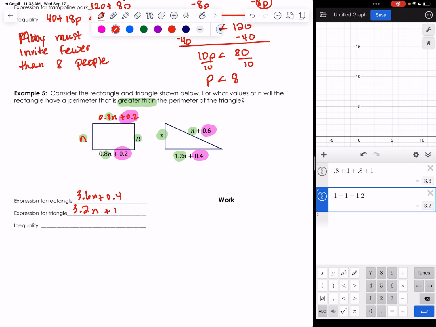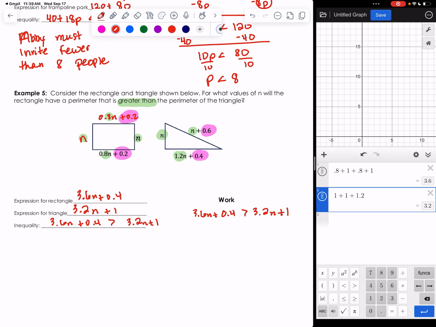Now for my inequality, we want the perimeter of the rectangle, which was 3.6n plus 0.4, to be greater than the perimeter of the triangle, so 3.2n plus 1. All right, now they want you to solve that. So we're going to come over here. I'll write it one more time so we have a little bit of room.